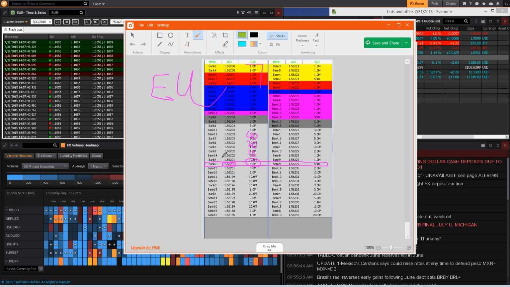And as I was saying, if you could see Reuters going for 100 million, because what happens is on Euro USD, Reuters owns, I think, more than 80% of the transactions on Euro USD, right?